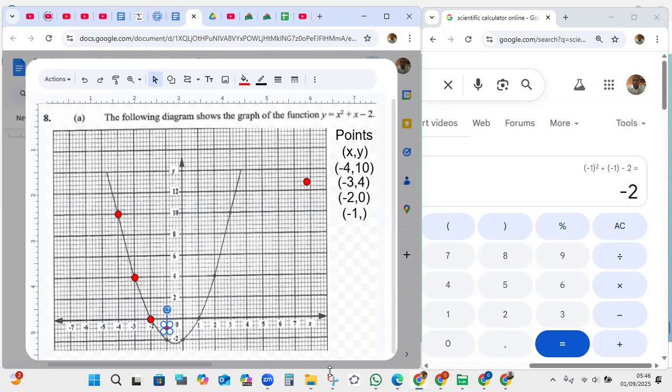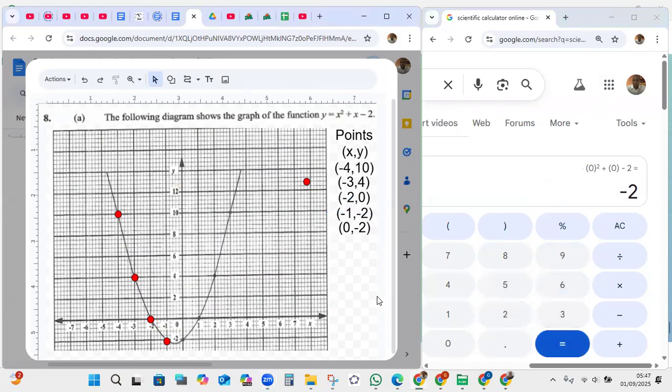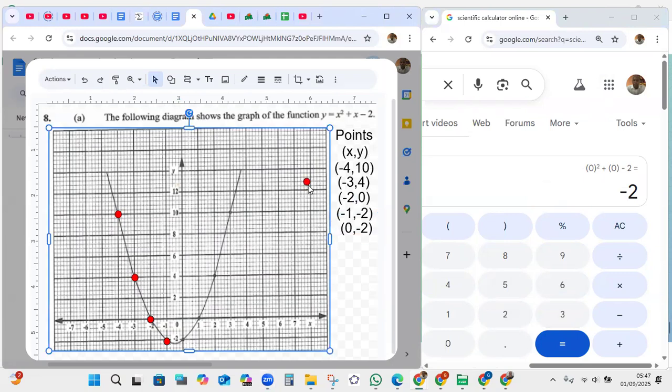All negative y values are below the x-axis. So we come down to -2. And then we do this for 0. When we substitute 0, we are getting -2. Just like -1. So we are getting repeated values for the y coordinates. So we are getting -2 again.